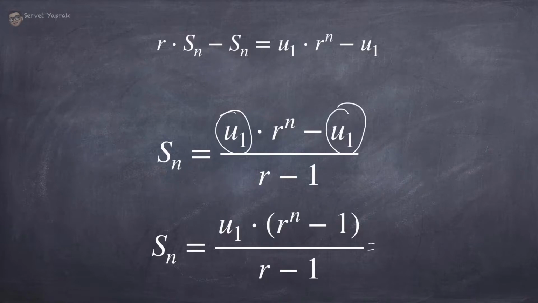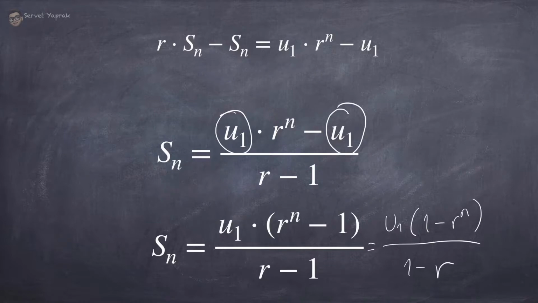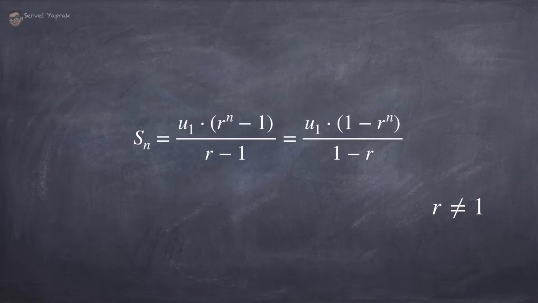As I said before, this is a fraction, so this equation can be written as u1 times (1 minus r to the power of n) over (1 minus r). And both of them are correct. In the formula booklet, the formula will be given like this, and r is not equal to 1 because the denominator cannot be 0.